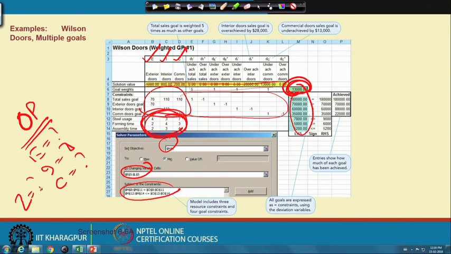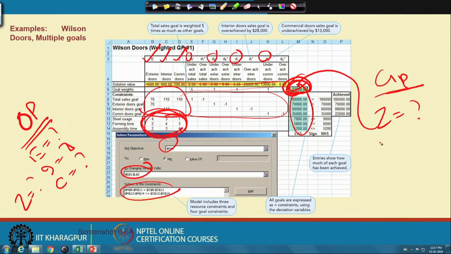Now we have goal programming here, where we have 4 different goals and targets, and as a result we again have a z value appearing here, corresponding to the new objective function, where we are targeting dt minus, de minus, di minus and dc minus.